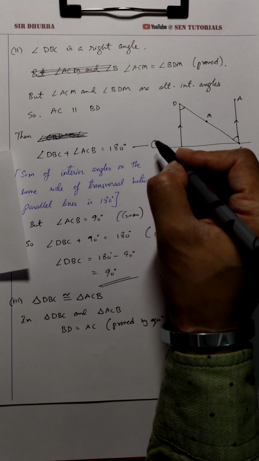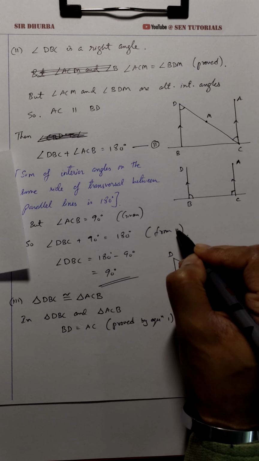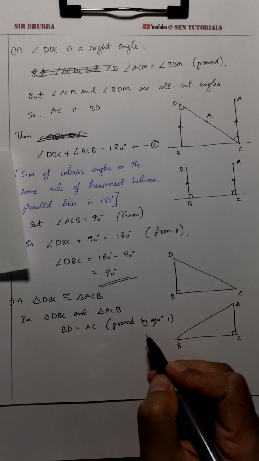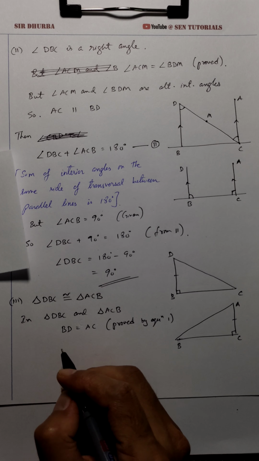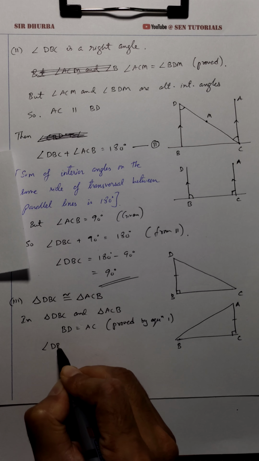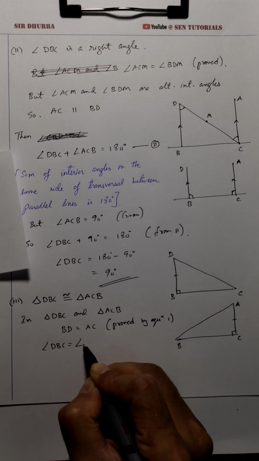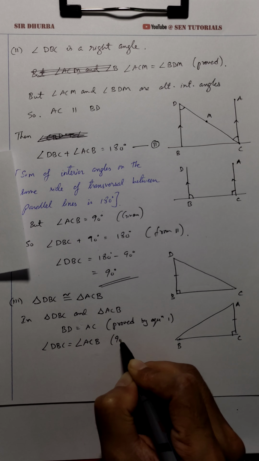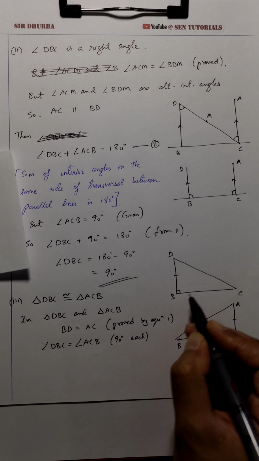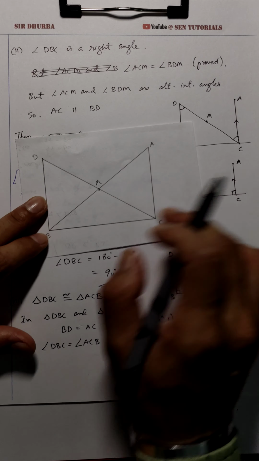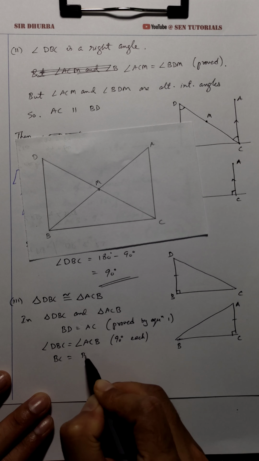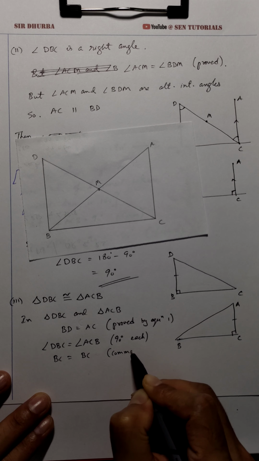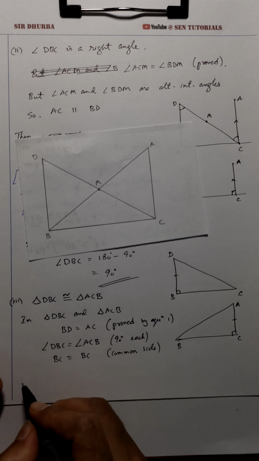So in that case, let this be equation 2. So BD is equal to AC, already proved. Angle DBC is equal to angle ACB, that's 90 degrees each. And you will see that the side BC is common for both the triangles. BC is equal to BC, that's common side.